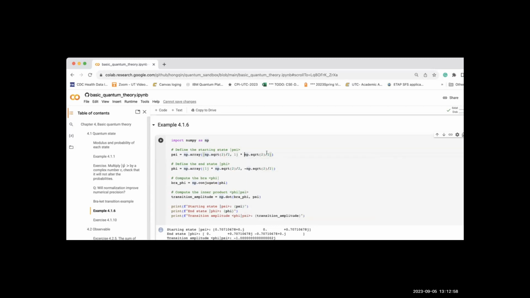That's correct, with the coefficient on the side. And the phi, that's also correct.